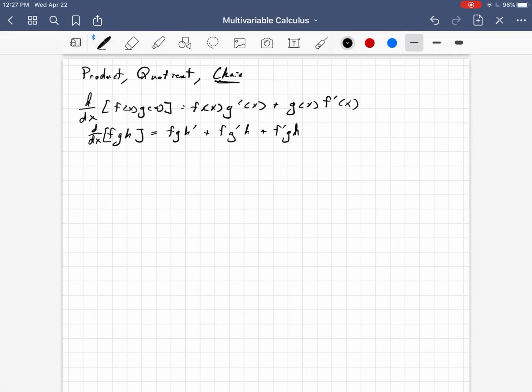Okay, now I would like to do a proof of the product rule, and so let's do that. If I have h of x being the product of two functions f of x and g of x, what I can do is take the limit definition of the derivative.